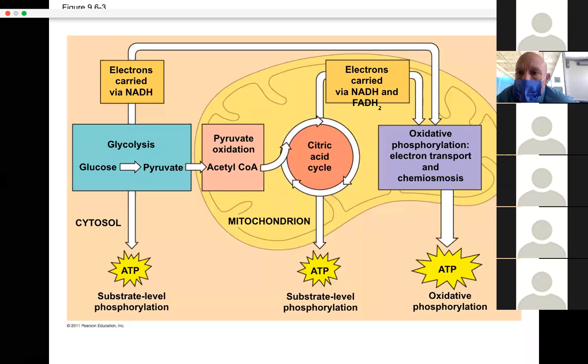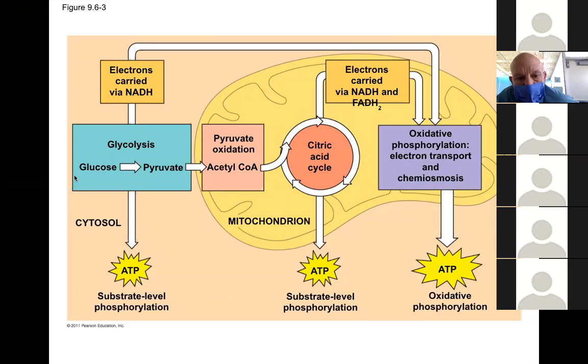Good? So we just did glycolysis. We're going to take those two 3-carbon sugars, pyruvate. We agreed there's still electrons to steal. And now we're going to go into the citric acid cycle. Now, the fact of the matter is, we can only do this if there's oxygen. If you're running a mad sprint down the hallway, you don't have enough oxygen to do this. So you will only do glycolysis.